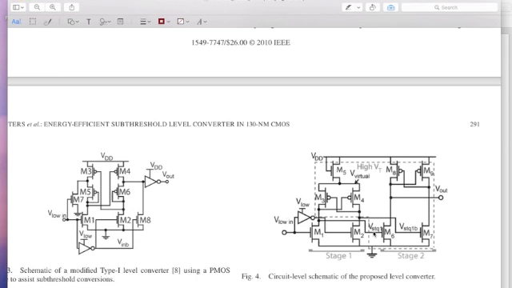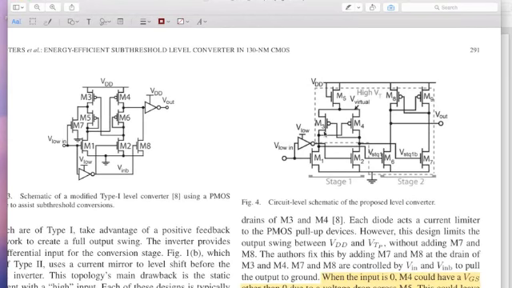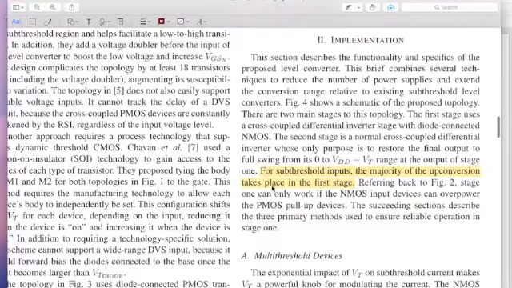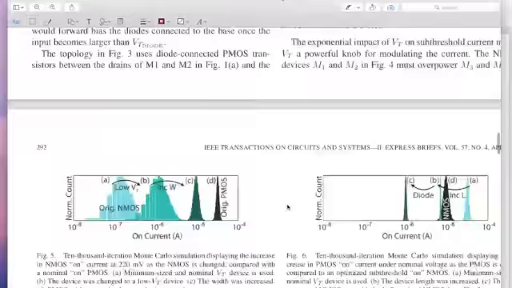So they are increasing the drive strength of M1 and M2 by using low threshold, whereas all the others they use the normal threshold, which is a higher threshold voltage. So that is another thing they do. And finally they do some sizing optimization of M1 and M2 so that the drive strengths of M1 and M2 overpowers the drive capability of M3, M4, even when the input voltage level is very low. Okay, so that is basically what they do.